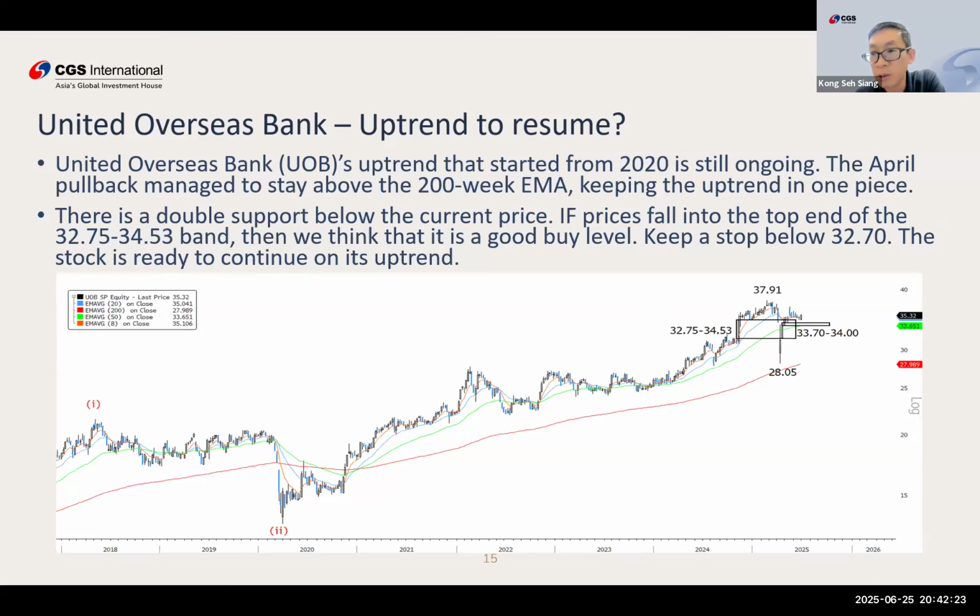You can place a tighter stop at about 32.70, which is just below that band. Of course, the long-term picture does not change even if it breaks 32.70, but that is just from a trading perspective. As long as prices stay above the April low of 28.05, we shall still be looking for more upside for UOB over the next few months to few years.